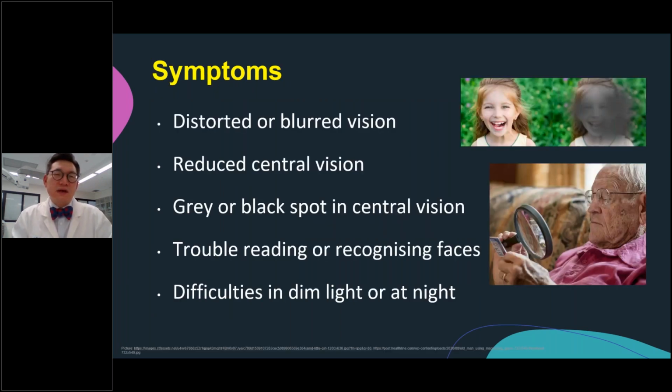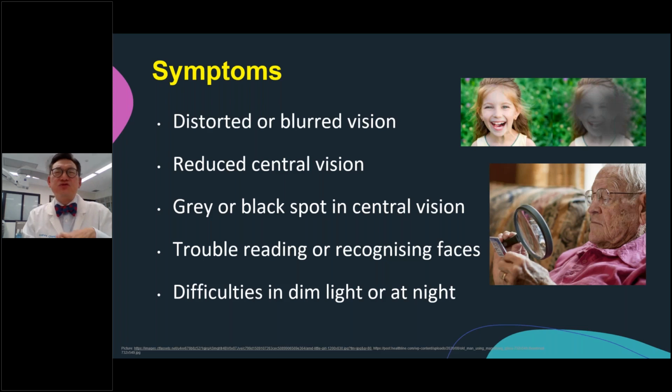So what does a patient who has macular degeneration notice? Well, all of these symptoms that you can see here start out very mild and become more severe. So the vision might be distorted or slightly blurred. The central vision becomes affected. Some people describe a grey or black spot in their central sight because that's the area where the bald patch occurs.